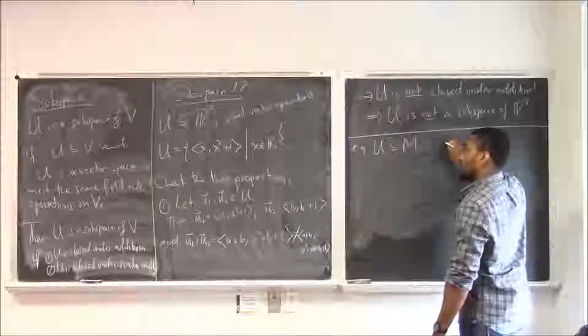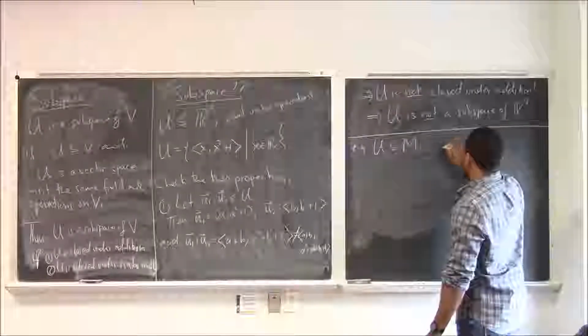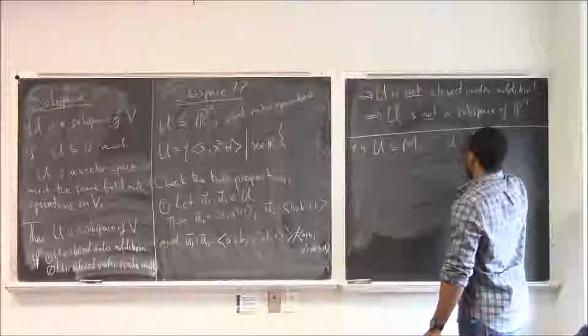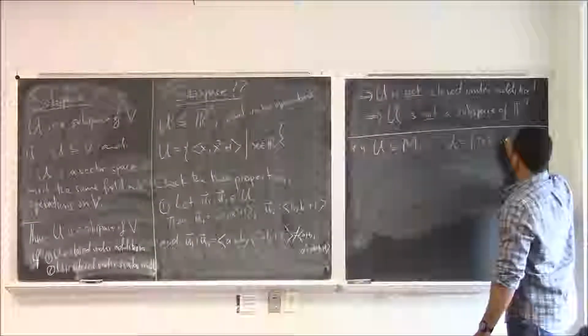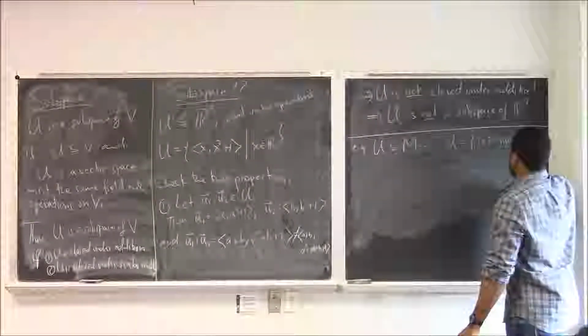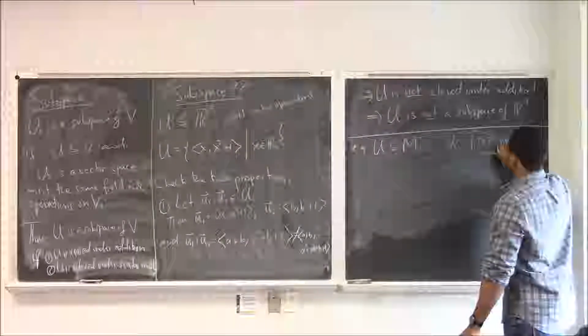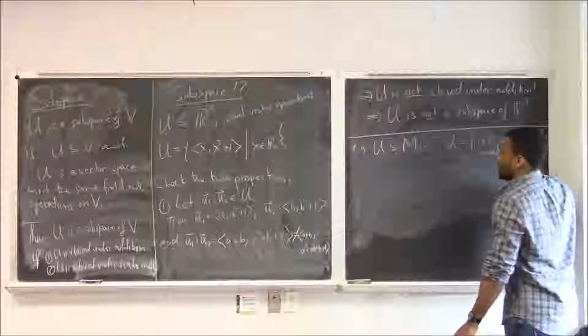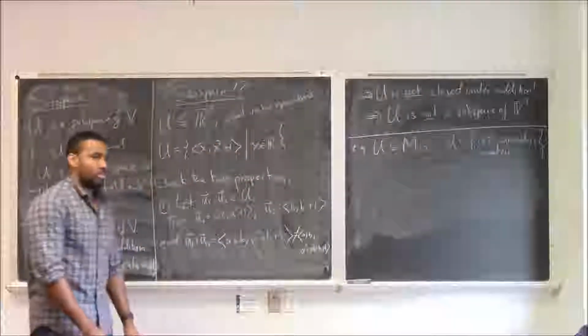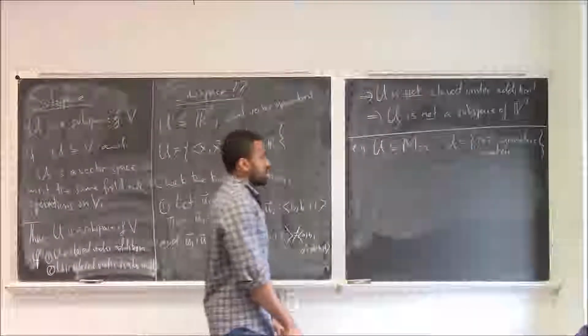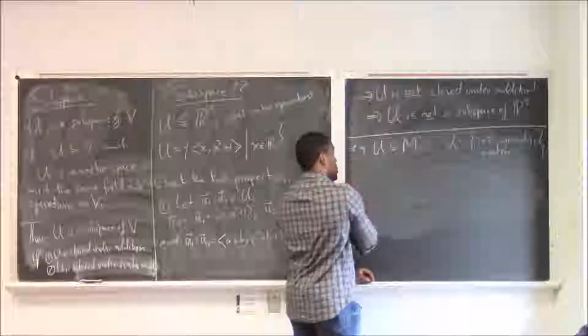Where U is the set of 2 by 2 symmetric matrices. Did we do the details here? Let's actually do it now, because I don't remember writing it out. We started it in class, but we didn't have time. Okay, so let's actually do it.